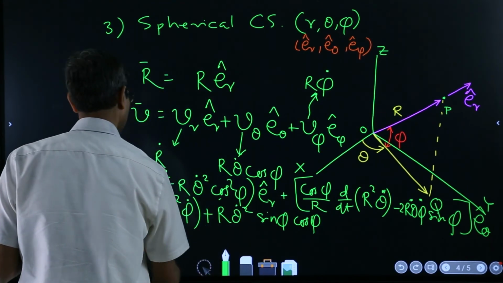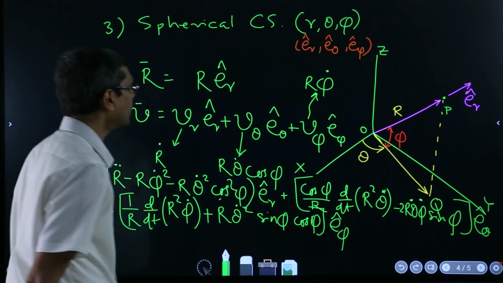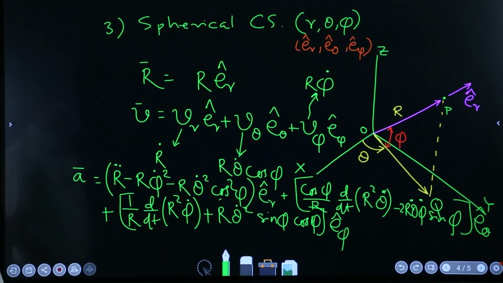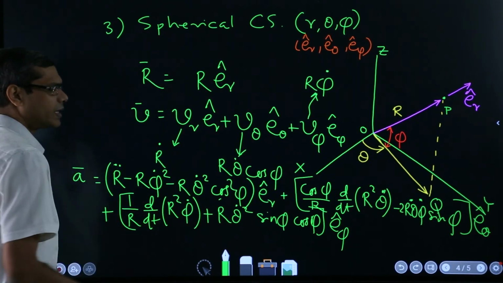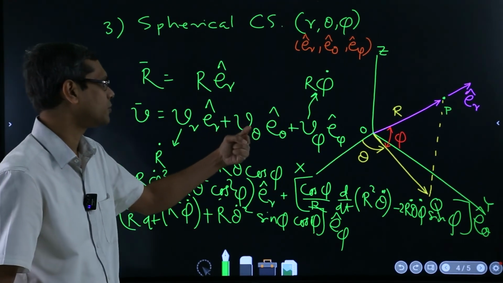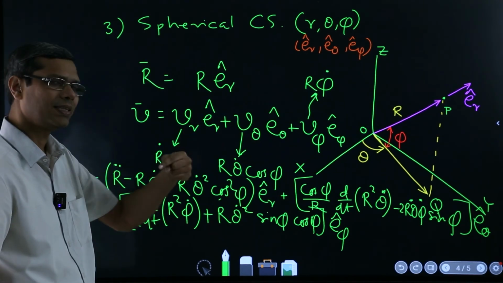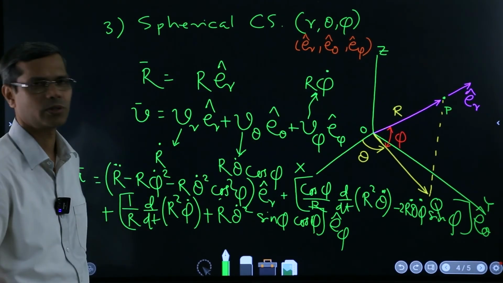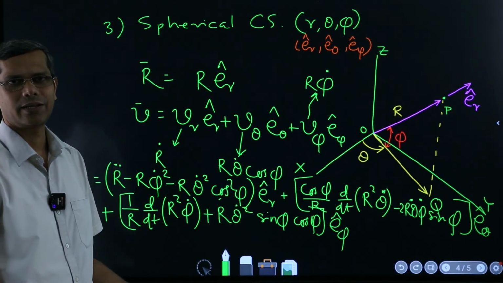So now this times e_phi. So that will be the expression for the acceleration. These are quite involved expressions because everything changes: if you change the r value, then theta also is getting changed and phi also is getting changed. So that is why in every term all other things are getting involved.